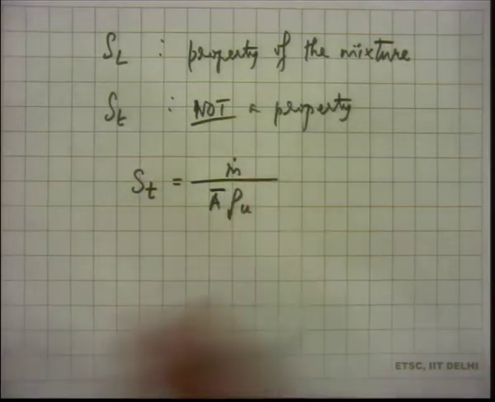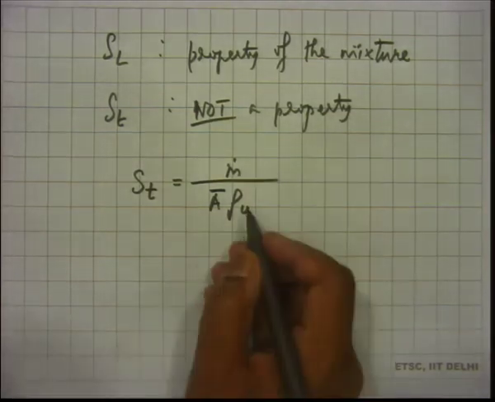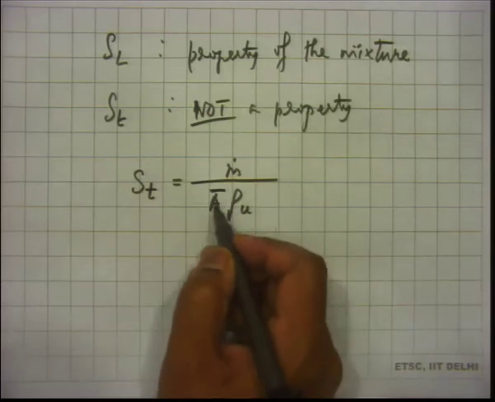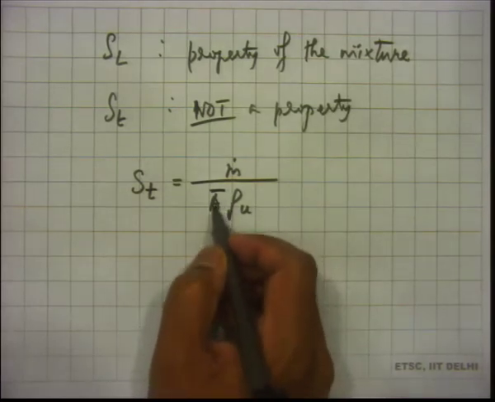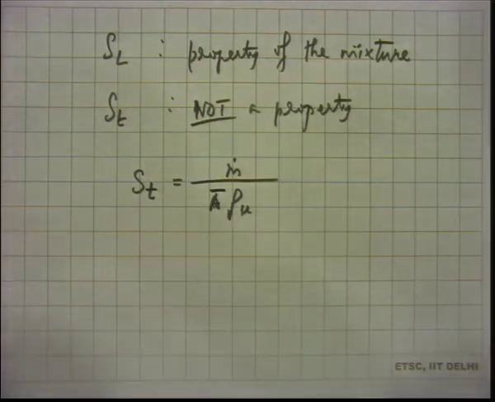A bar is some kind of an averaged out area, difficult to define, but ST is such that if you get some estimate of A bar, then A bar multiplied by ST multiplied by rho u will give you m dot, which is the mass consumption rate of the fuel air mixture. This is similar to what you write for laminar flames. For laminar flames also you write area into rho u into SL. That gives you the mass burning rate. So, you do the same thing here.